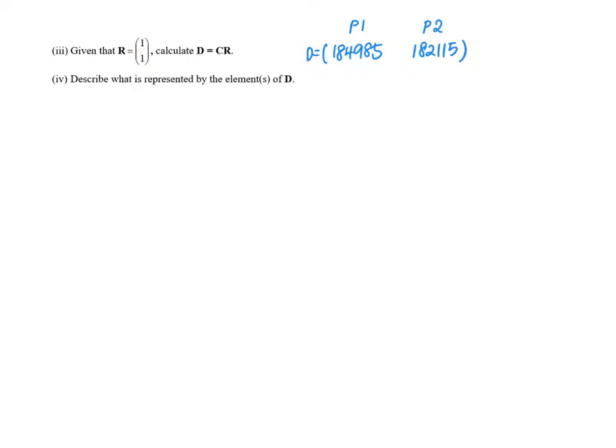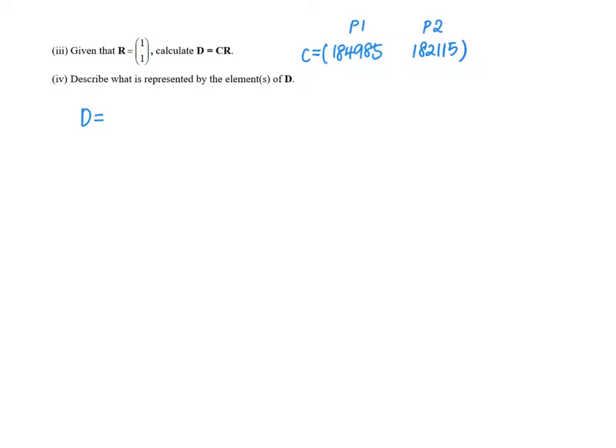In the next part of the question, they ask us to find, given that R is the matrix 1, 1, calculate D equals C times R. I know from my previous part, my answer, C is actually this matrix over here. Now I'm going to take C times R. What happens?